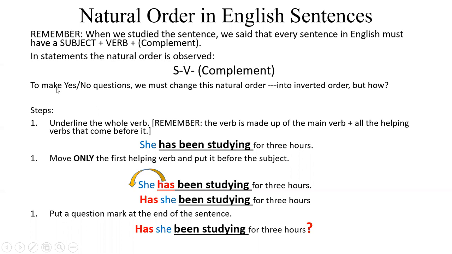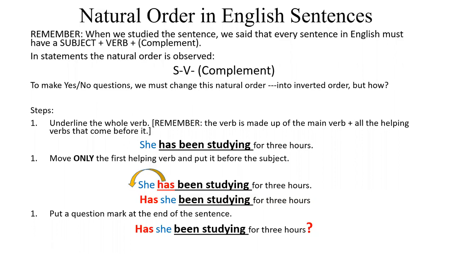But today we want to talk about questions, and we will start with yes-no questions. Of course, they are called yes-no questions because the answer to these questions is either yes or no. But to make yes-no questions, we must change this natural order, the subject, verb, complement order, into inverted order. Inverted order means we need to switch something.